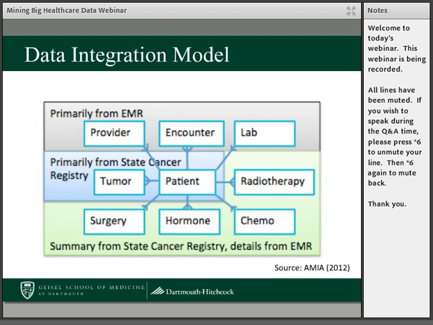We can then look at more detailed information about the specific encounters by looking at the data from the electronic health record: who the provider was, what happened in the encounter, whether there were labs, and other diagnostic information. Those are not collected by registries in general. So we have a way of integrating the data across these different sites to be sure that we have a complete view of the patient from the different resources.